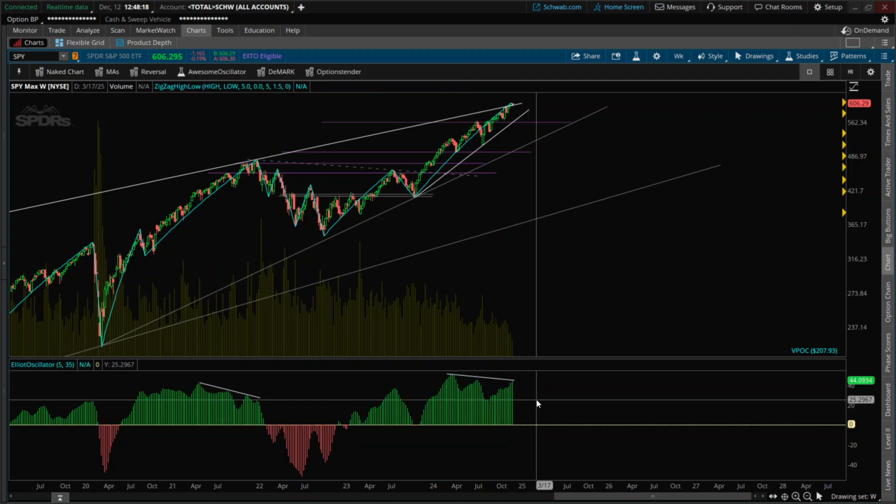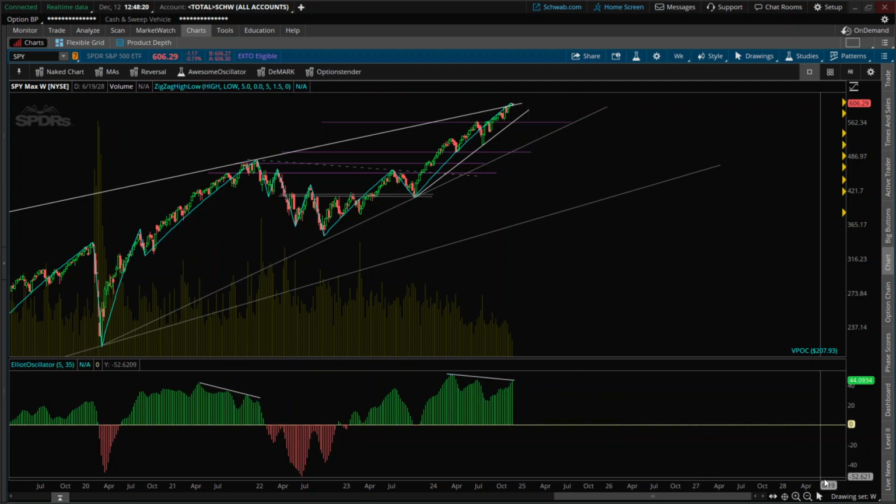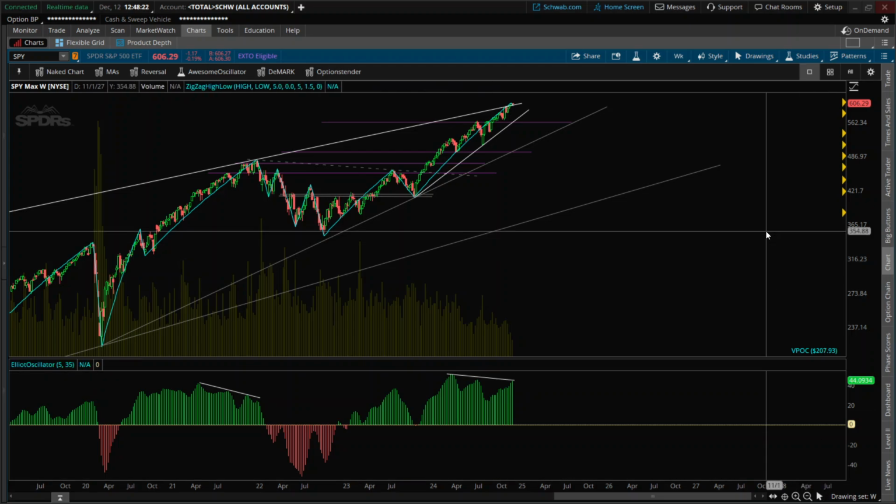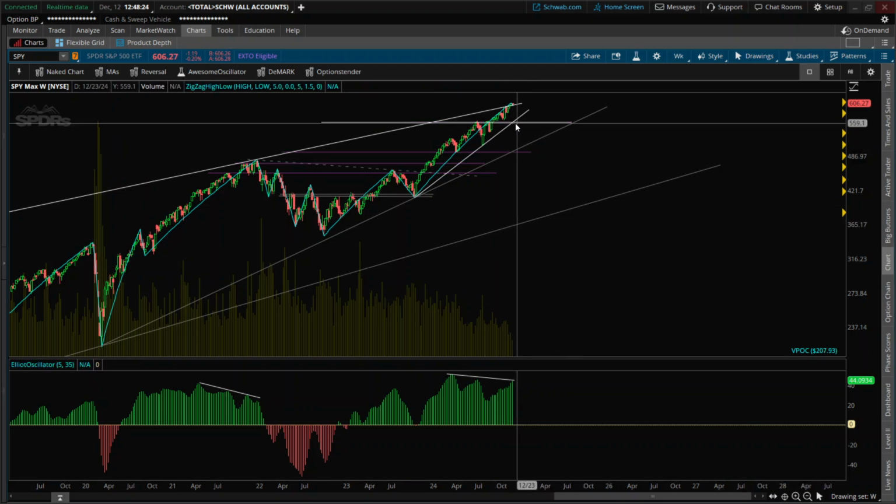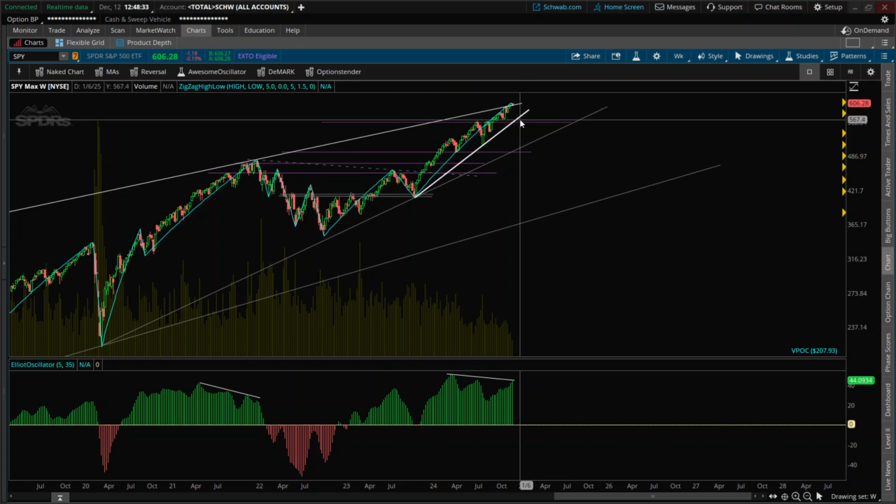Okay, so we're looking for a turn. Natural spot for us to go to would be the breakout point, and that's about 560, 565 area.